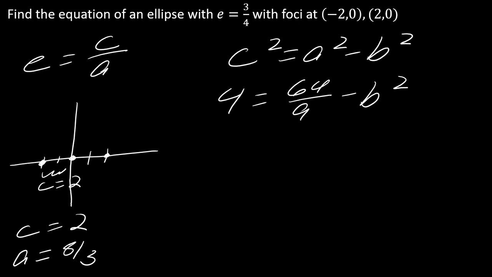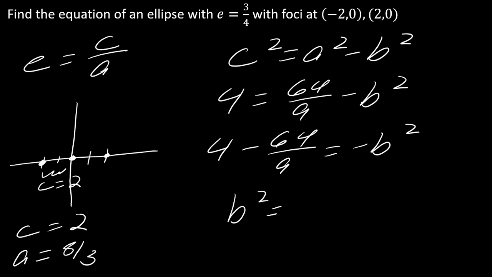So let's see, if I take 4 minus 64 over 9 equals negative b squared. If I work that out, I will get that b squared ultimately equals 28 over 9. And that's really what I need to know is b squared, not b.